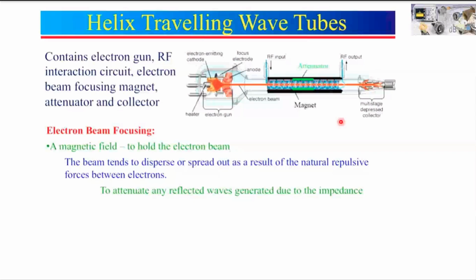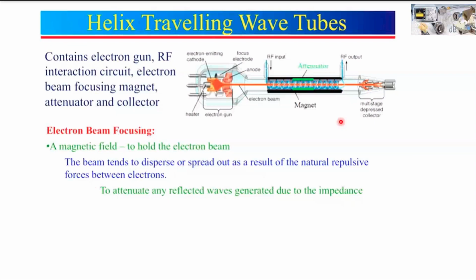So we'll see how this particular traveling wave tube works. Corresponding to this traveling wave tube, there is a very famous question which is asked in the GATE examination: which type of slow wave structure is more preferred in making traveling wave tubes?